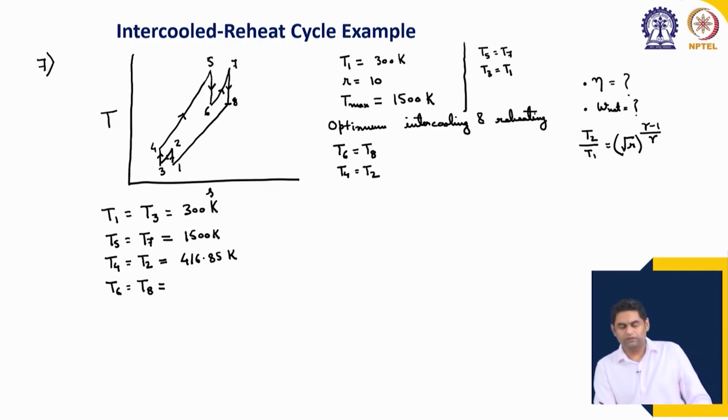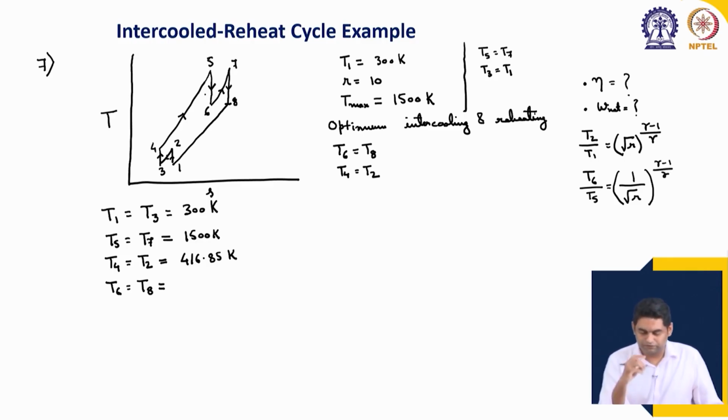and what is the value of T6? So, again T6 and T8 will be exactly the same as the reheat problem. Okay. So, T6 by T5, let us say, is equal to 1 by root R to the power gamma minus 1 by gamma, from this process 5 to 6.